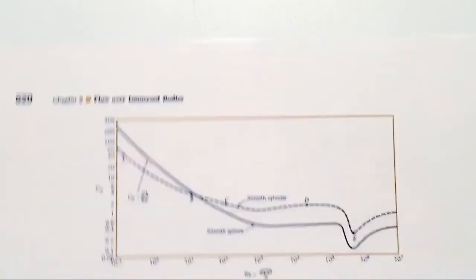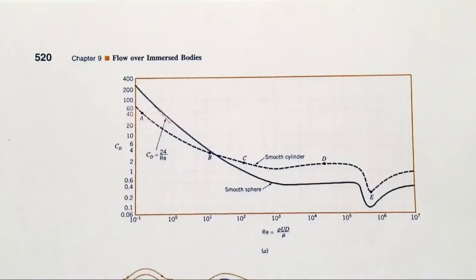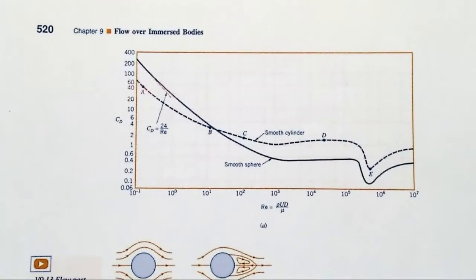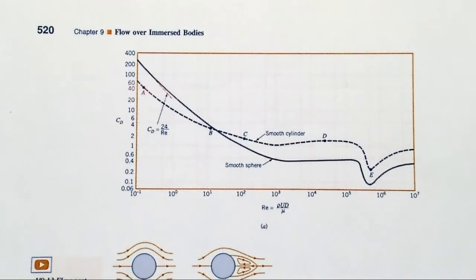But how can you find the real drag force and coefficient? For example, for a simple shape like a smooth cylinder or smooth sphere, there's a very popular plot that most of the books have. These all come from experimental studies on the smooth cylinder and smooth sphere.